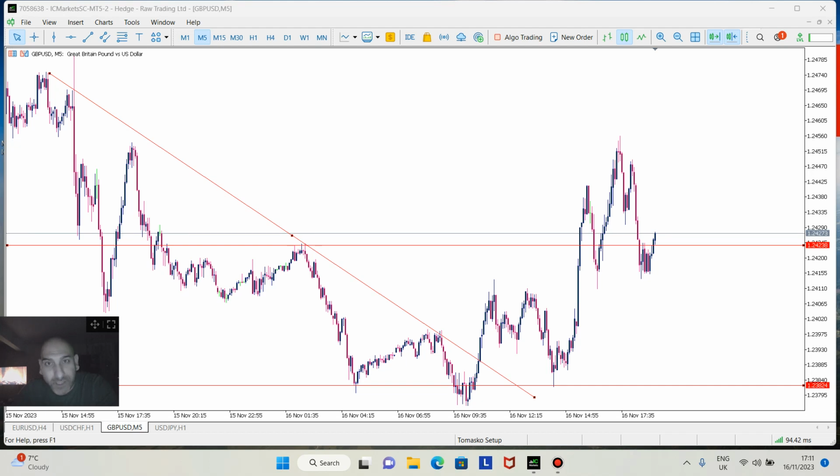When you know the direction of the market, you scroll down to a lower time frame. It could be 15 minutes, it could be 5 minutes. Now, in my personal trading strategy, I like to use a 5-minute time frame for my entries, because I get clearer entries and clearer exits.